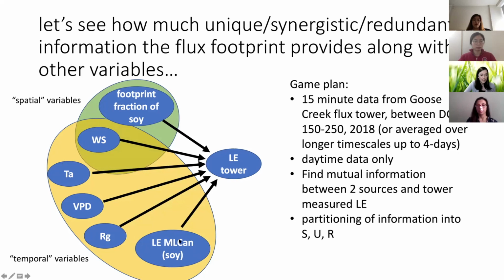So I wanted to see how it provides information to the tower-based LE along with spatial variability relative to these drivers individually. So I'm going to pair all of these variables up with the footprint fraction and see what joint information they provide to the tower-based latent heat flux.